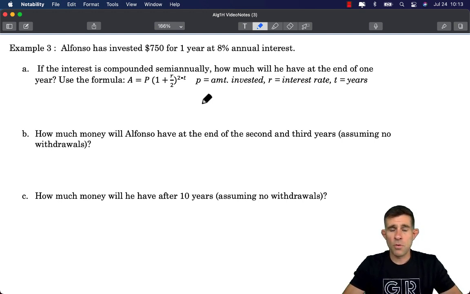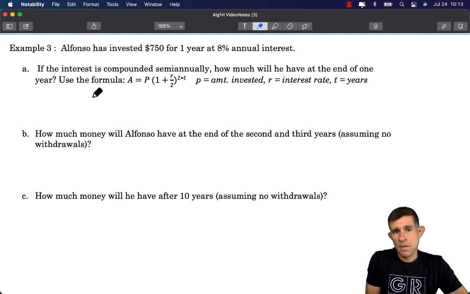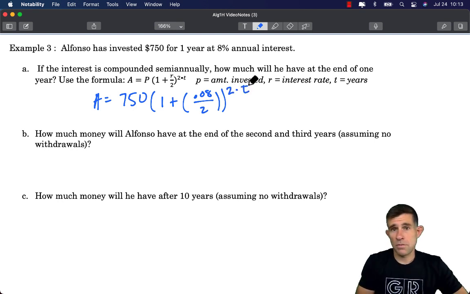So we're going to use this formula that says A is equal to the principal amount, or the initial amount invested, which is our $750, times 1 plus our interest rate, which as a decimal is 0.08, divided by 2, all raised to the 2 times the number of years that we've invested it.